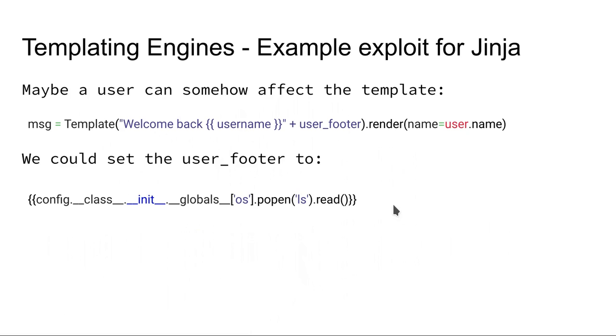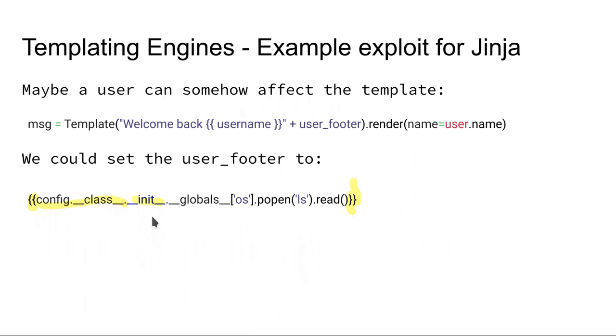Just to show you that this doesn't only happen in Twig, let's look at Jinja. In Jinja we can do something very similar. We open with curly braces. We use the config object, its class.